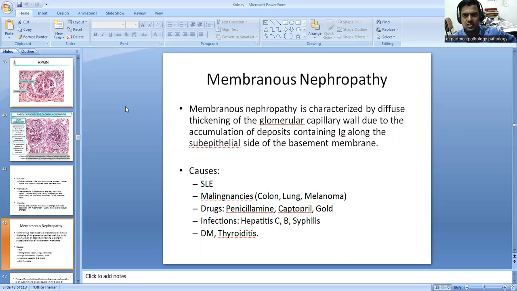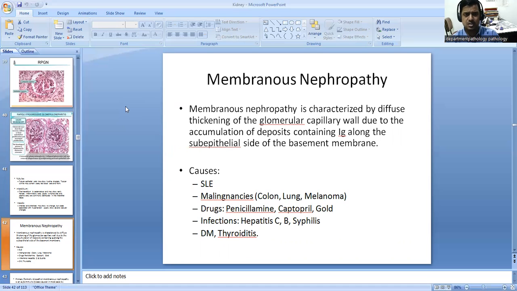The various causes of membranous nephropathy are SLE, that is systemic lupus erythematosus, and malignancy like colon carcinoma, lung carcinoma, and malignant melanoma. Drugs, specifically penicillamine, captopril, and gold.